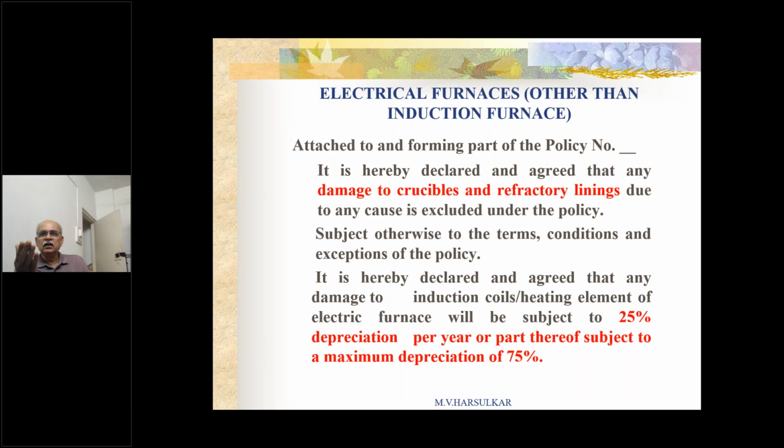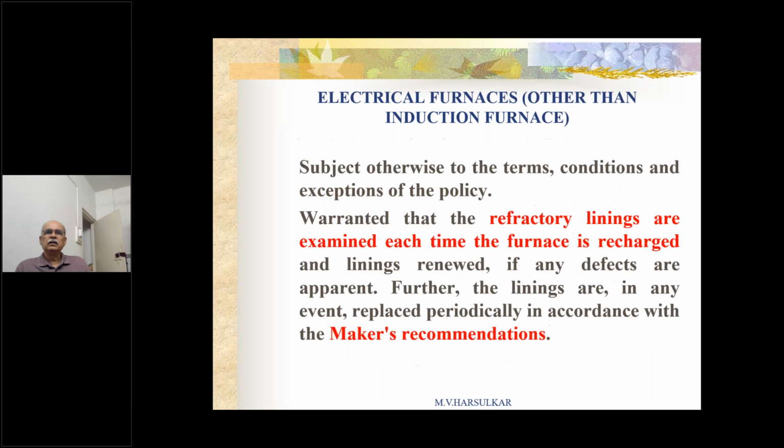Then there is a depreciation again. Induction coils and heating elements of the electric furnace will be subject to 25% depreciation per year or part thereof, subject to a maximum of 75%. So in this endorsement, depreciation is restricted to a maximum of 75%. And it is warranted that the refractory linings are examined each time the furnace is recharged.